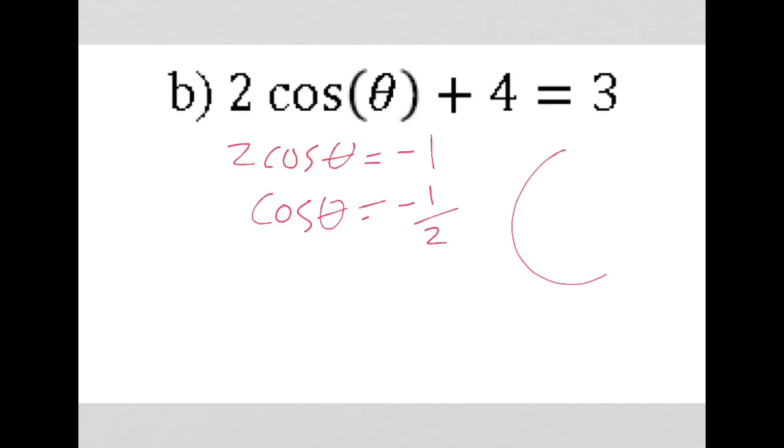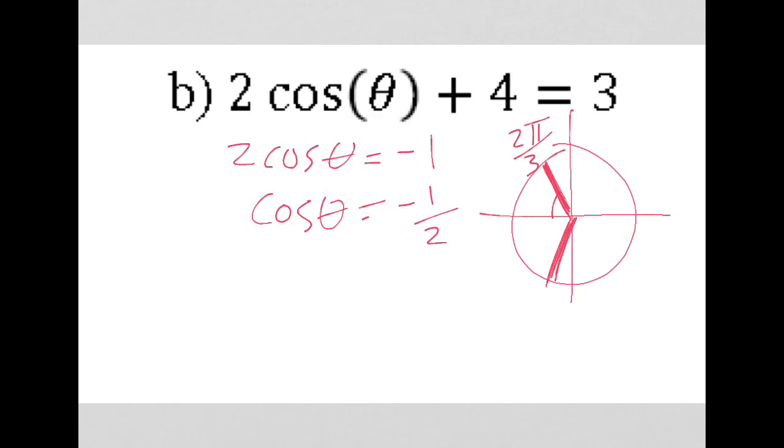And again, now you just need to figure out where cosine is equal to -1/2. Well, we actually end up with that same 60-degree reference angle right there, giving us this 2 pi over 3, which gives us a cosine value of -1/2, and so does this point down here.